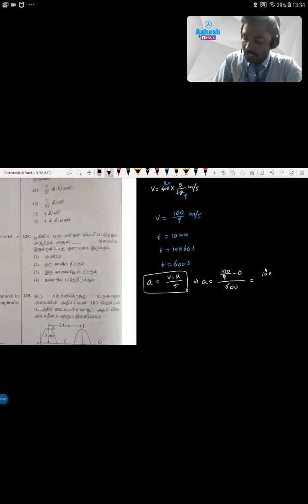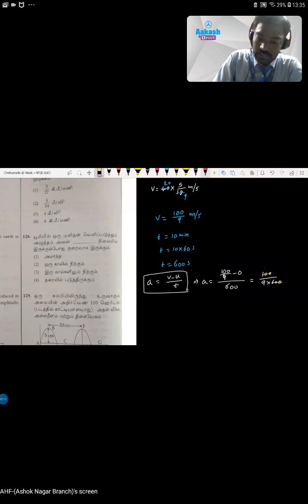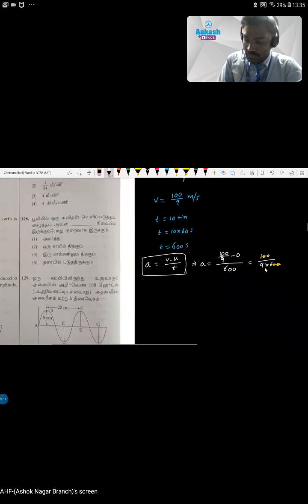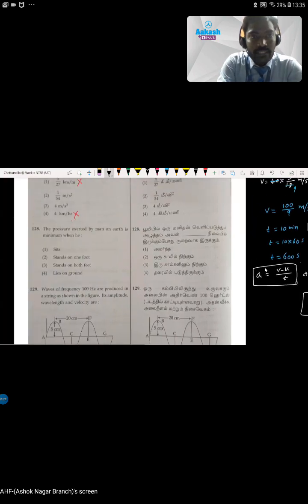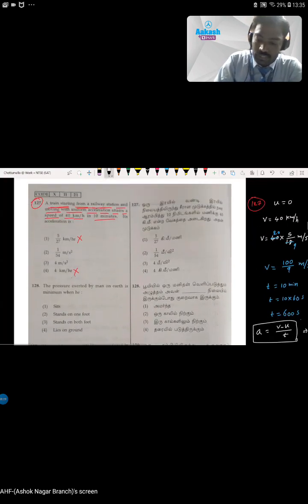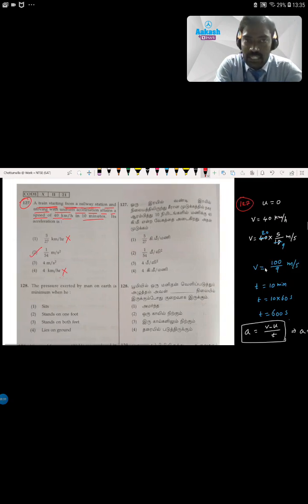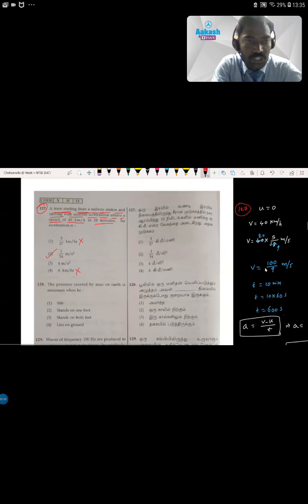So 100 by 9 into 600. 2 zeros cancel, then the remaining value is 1 by 54. We have done all the calculation in the SI system, so it should be meter per second square. Option 2 is the suitable answer for question number 127. Any more doubt in the calculation or in the question or unit conversion, ma?